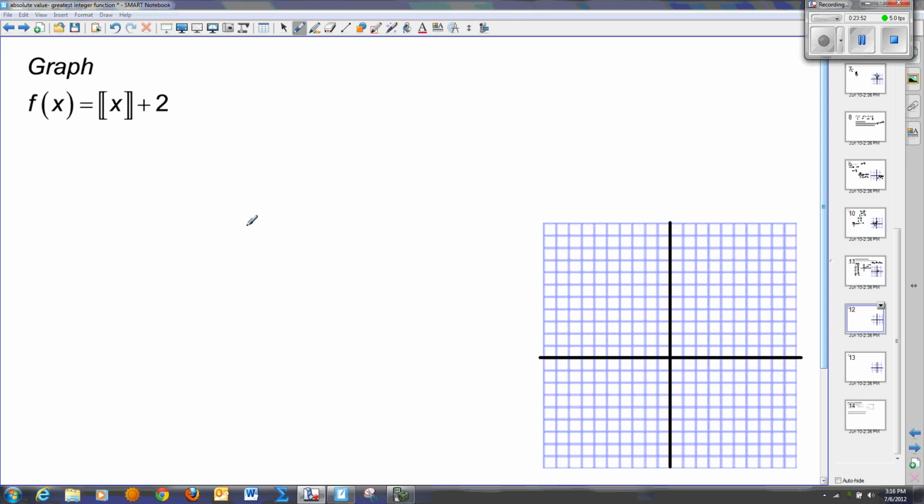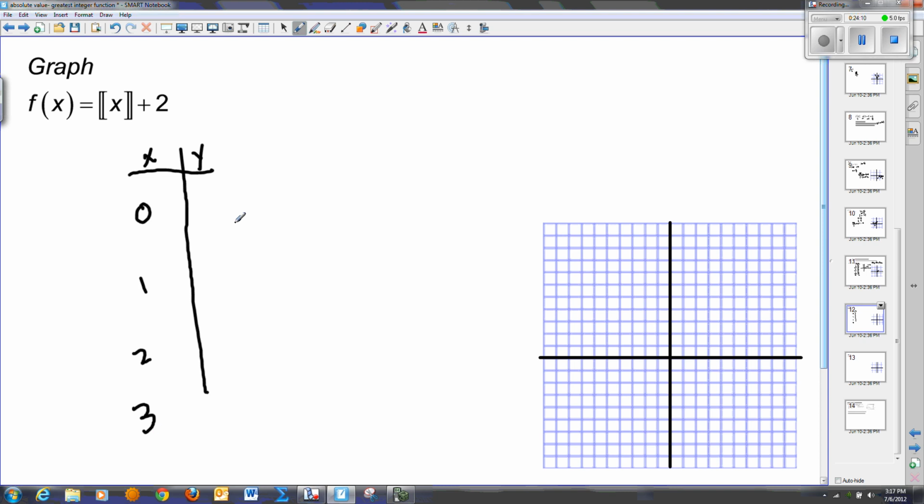Got 2 more examples for you. Greatest integer of x plus 2. Again, I'm going to pick some x and y values. I like picking 0, 1, 2, and 3. Plugging them in, I get a 2 out, 3, 4, and 5. But then I need to pick some decimal values: 0.2, 1.5, 2.7, let's say.